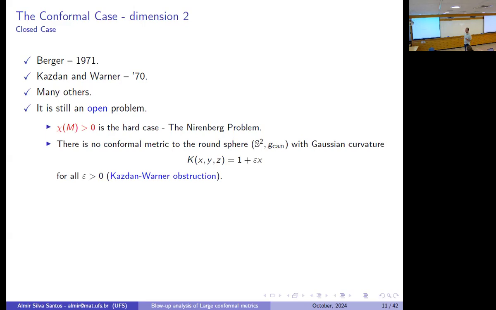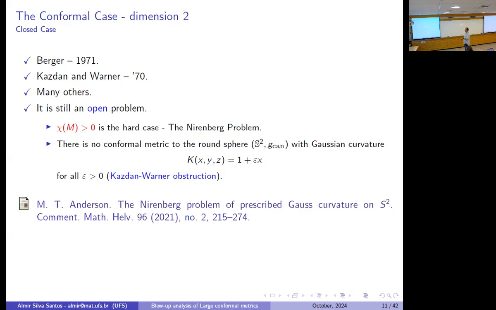Not that one is the Gaussian curvature of the sphere, but 1 plus this little function is not the Gaussian curvature of a conformal metric. There is no solution to the PDE for this function. It's a consequence of the Kazdan-Warner obstruction, which I will not state here. If you want to know about this problem, you can see this paper by Michael Anderson. So you can see that, just because of this, this problem is not so easy to solve.